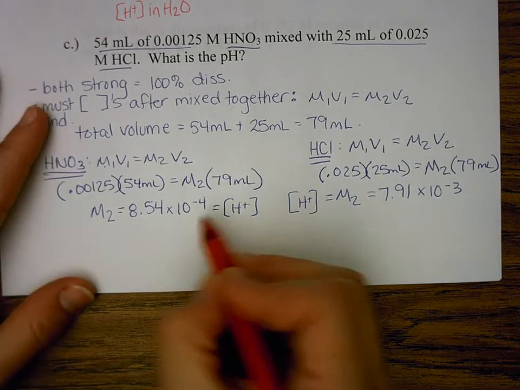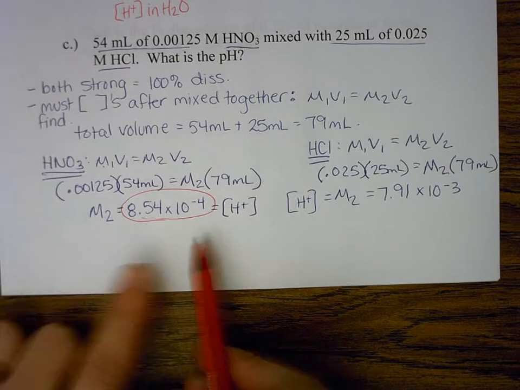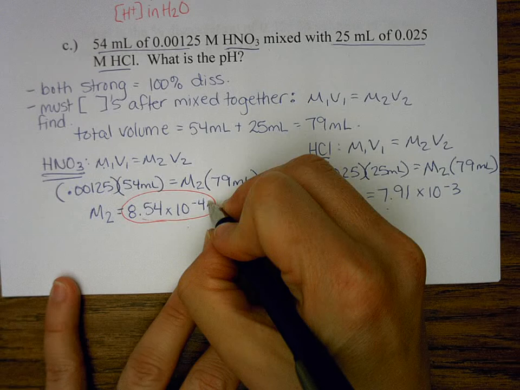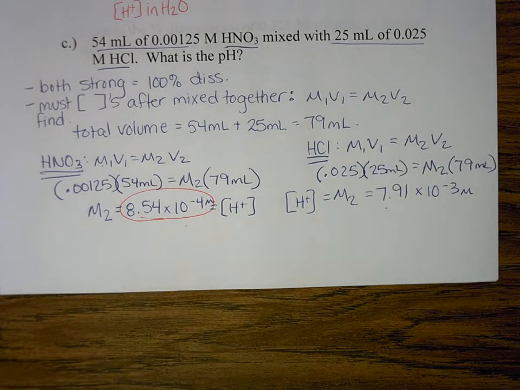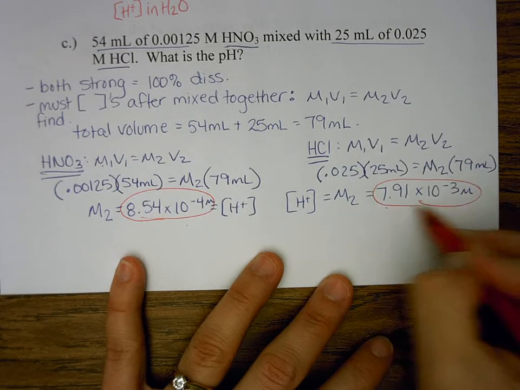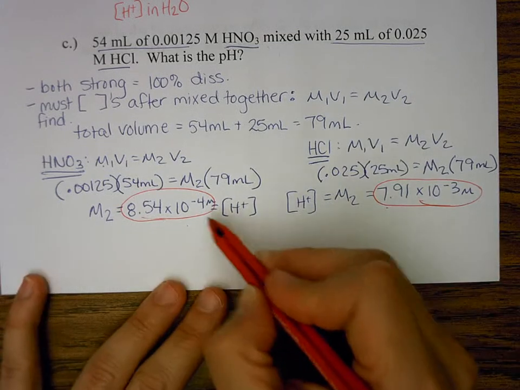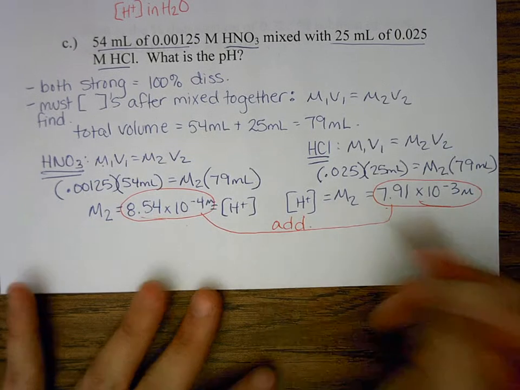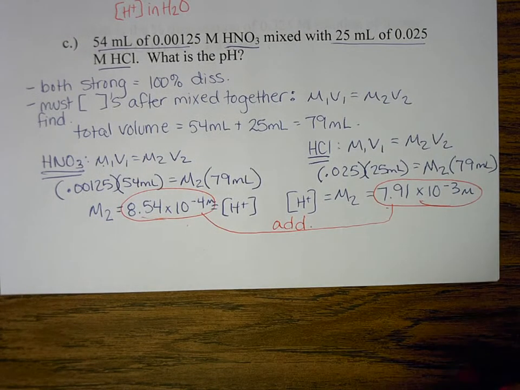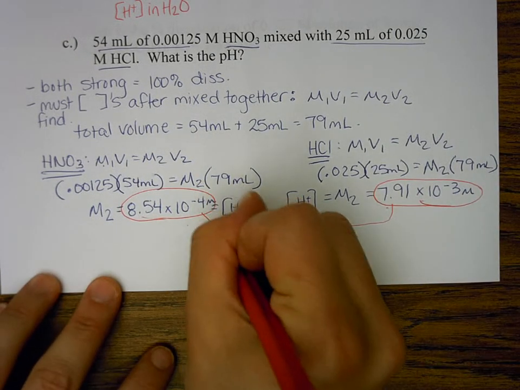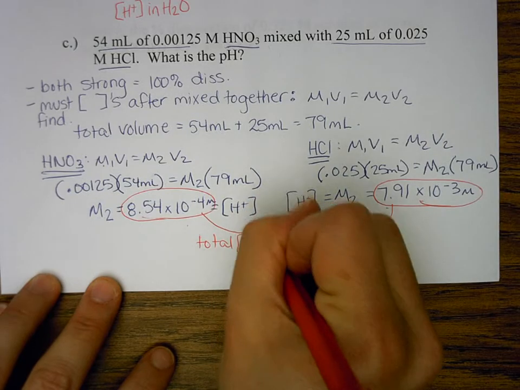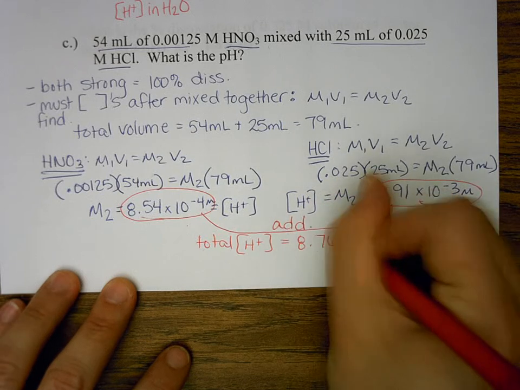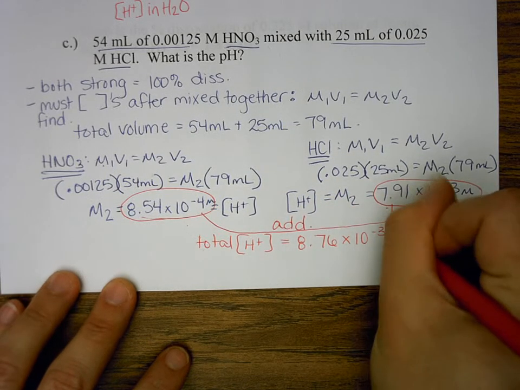So now I'm going to take these numbers. I have the concentration of hydrogen ions that come from nitric acid, and I have a concentration of hydrogen ions that comes from hydrochloric acid. These should all be molar concentrations. I take those two numbers and I add them together to get the total hydrogen ion concentration, and it equals 8.76 times 10 to the negative 3 molar.